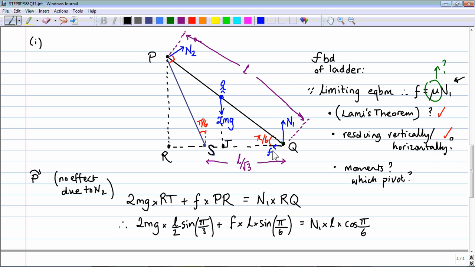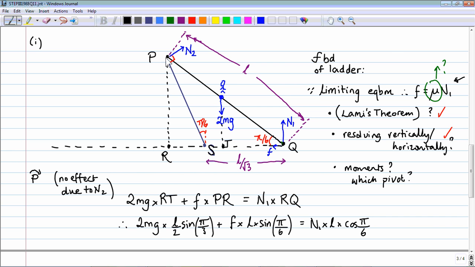Now I want to emphasize there isn't only one way to do this. You could take moments about Q. I suspect a lot of students would probably do that. But why not just get the answer in one equation by finding that particular point for which the moment of the friction force F and the moment of N2 are both 0?